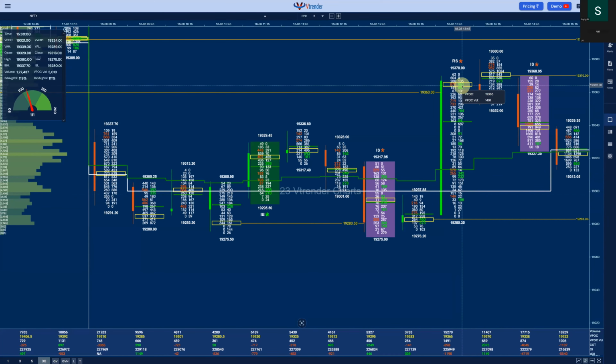Suddenly, the buyer has to add a lot more size to move the market up. You do not see these numbers traded anywhere else lower because it was easy for him to move the market up. But there is a lot more effort put in by the buyer to move the price up here at 19,364, not so much here at 19,290.